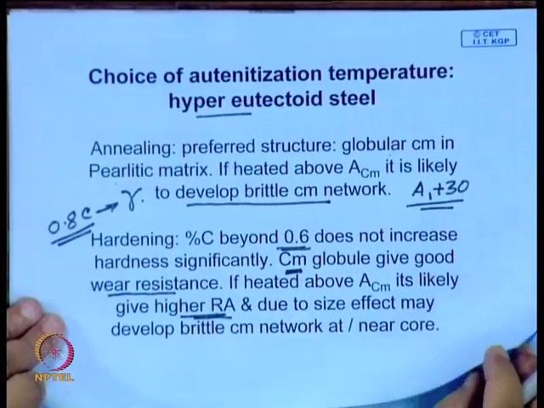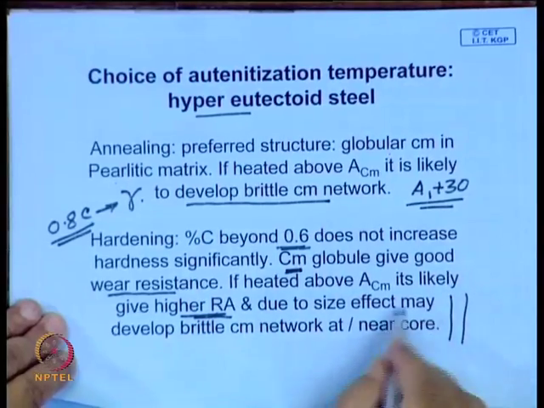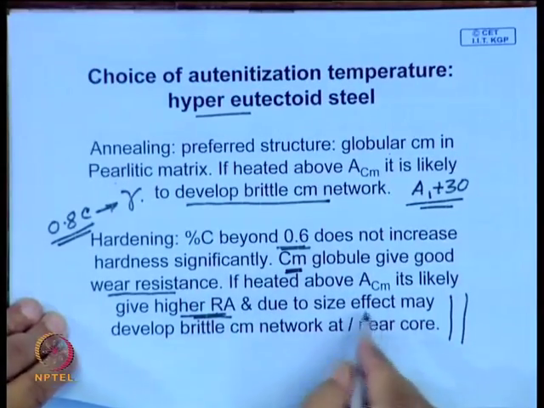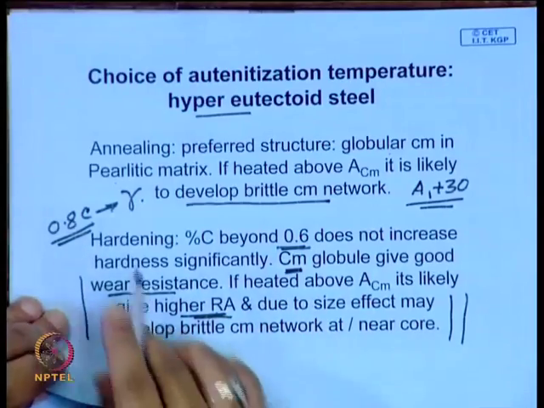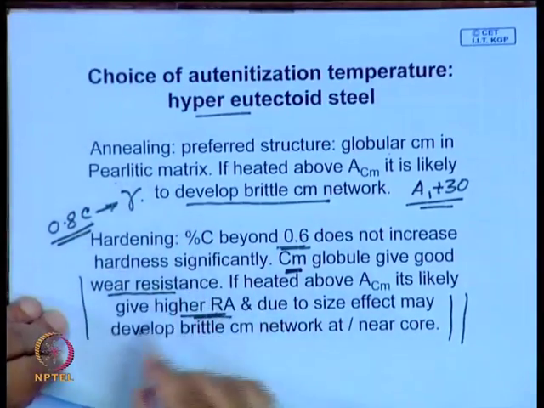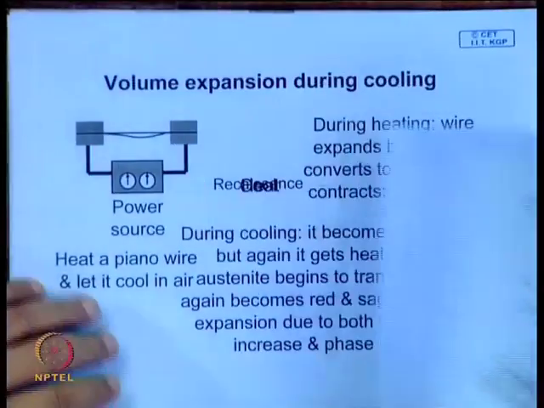Also, the size effect is important. If the dimension is large, somewhere in the core you might develop a brittle cementite network at the austenite boundary.